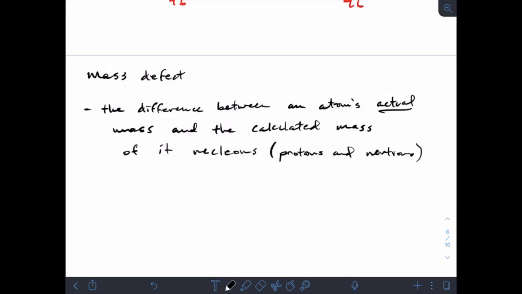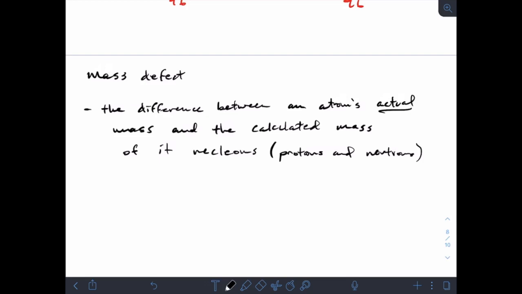So what they found was, once they determined the mass of a proton and the mass of a neutron, they said a helium nucleus should have a calculated mass of somewhere around 4 AMU.